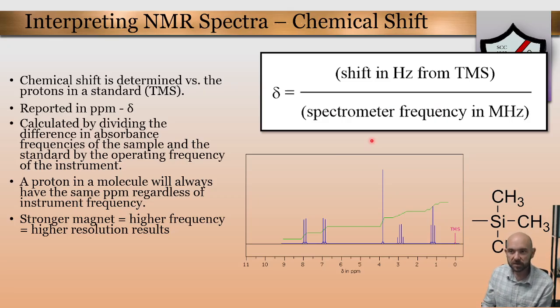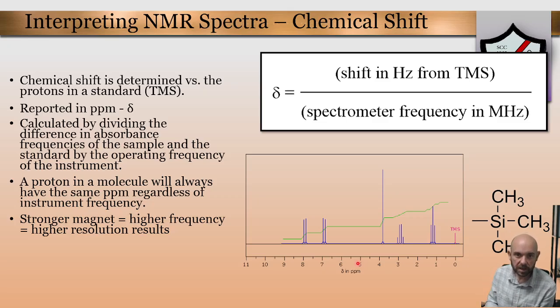And so that may seem, well, why don't we just report the frequency of the proton flip, or the frequency of the energy that sustains the proton flip, on the x-axis? There are a few reasons for that. Again, frequencies are very high numbers, so we would have a really jumbled x-axis if we did that. But more importantly, doing it this way allows the shift for a particular proton to always be the same over all of the different operating frequencies.